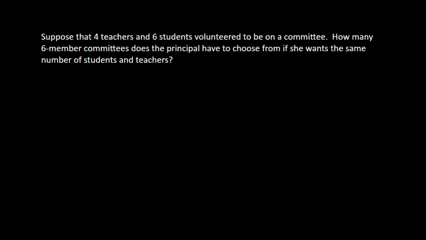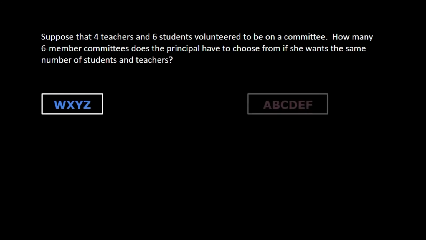Okay, to make sure we're really clear on why the fundamental counting principle must be applied here, let's assign the last 4 letters of the alphabet. They'll represent the 4 teachers, and the first 6 letters of the alphabet to represent the 6 students. And if we systematically go through W, X, Y, and Z and list exactly 3 letters, where order does not matter, there's only 4 possibilities.